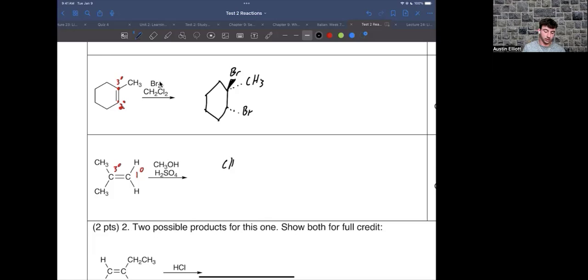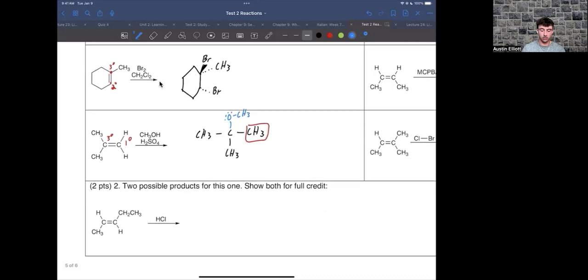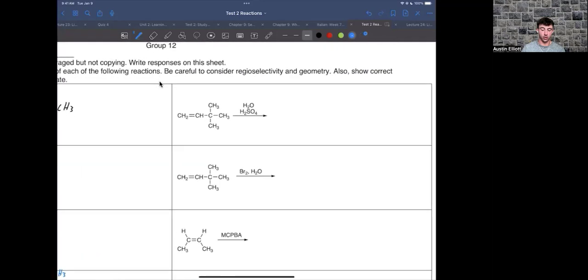So you can redraw this as CH3, C, CH3. And this carbon right here is the one that gets the hydrogen. And then this right here is our O, CH3, our methoxy group. Pretty simple with that one. So we'll come back to this one at the bottom, and we'll go over here and work on these two.